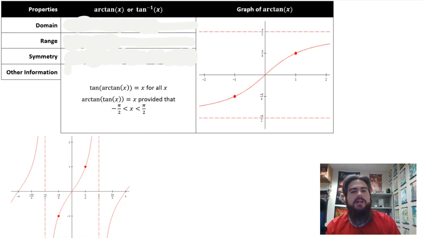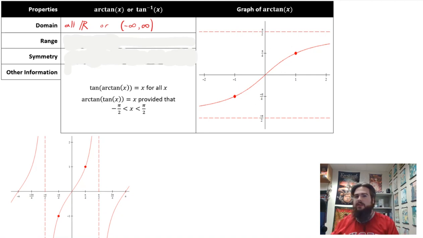However, for arctangent, the ratio that tangent refers to is opposite over adjacent. There are no restrictions for how the opposite and the adjacent have to compare to each other. One doesn't have to be larger than the other, meaning you can really take on any ratio, and therefore the domain, as seen from the graph of arctangent, and when you think about the input being the ratio of opposite over adjacent, is all real numbers.